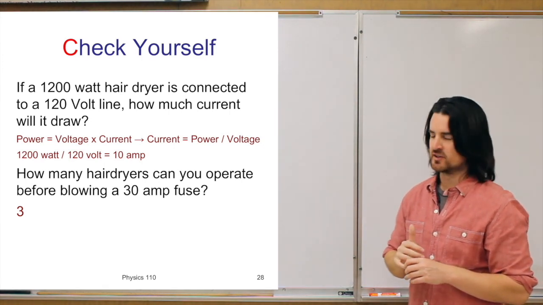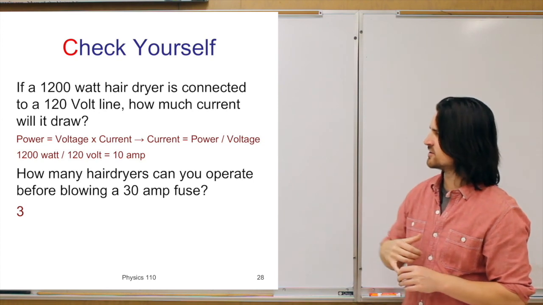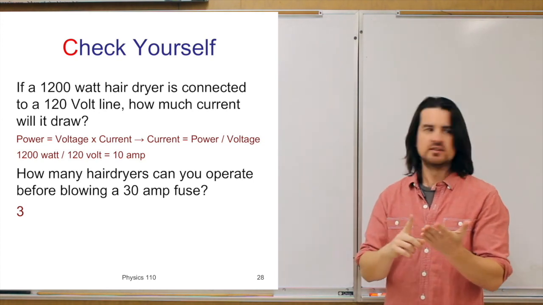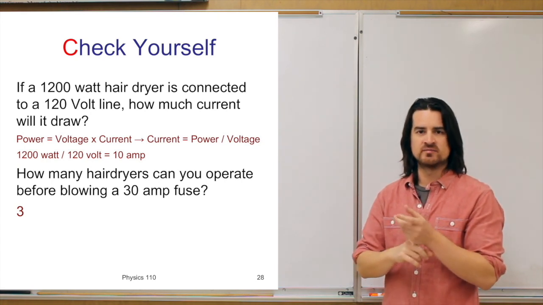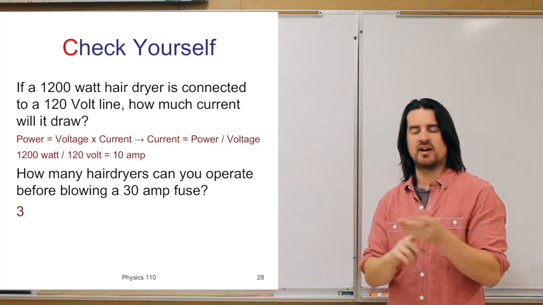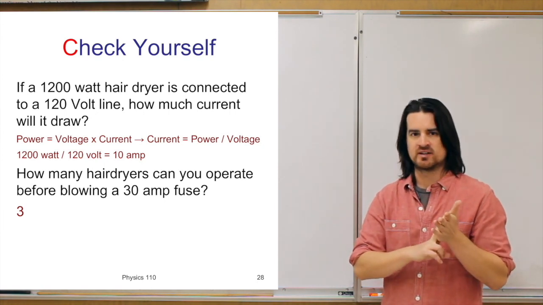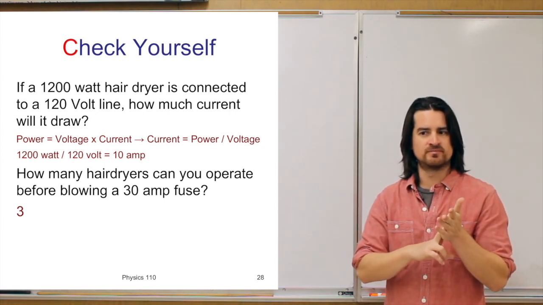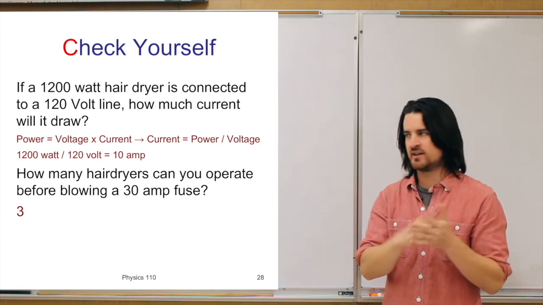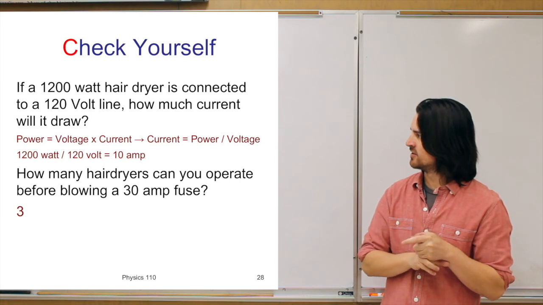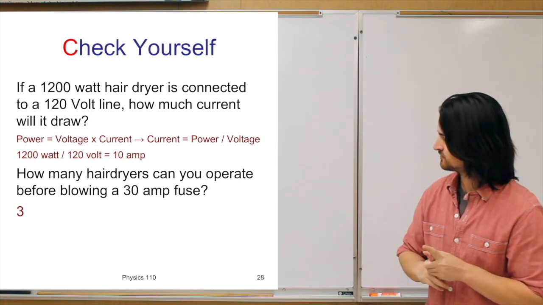Even 1 amp is a lot of current. So things like hairdryers tend to draw a lot of current because, for one, they're using that current to heat up heating elements, so that you actually heat the air, and also drive some kind of fan or pump to move that air too. So hair dryers can use up quite a lot of power and draw a lot of current.